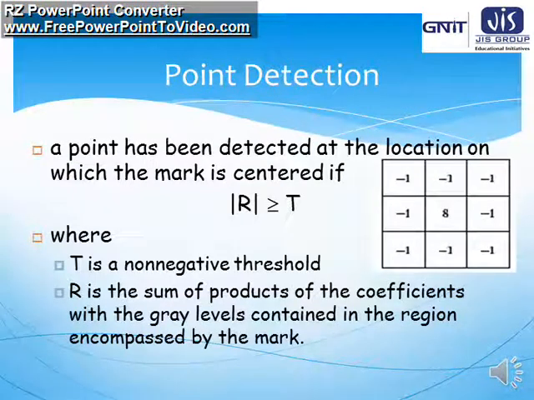First, if we want to detect a point, that is known as point detection. What do we mean by point detection?